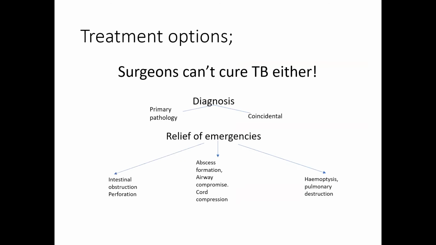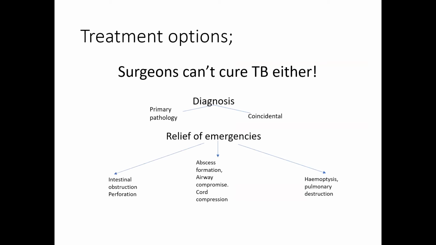doing it. But we mustn't get too pompous because surgeons can't cure TB either. What we can do, as Anna said, is we can make a diagnosis. Now, if patients came to us with tuberculosis as their primary pathology, then life would be very simple indeed, but they don't. Tuberculosis is nearly always a confounding pathology in our practice.